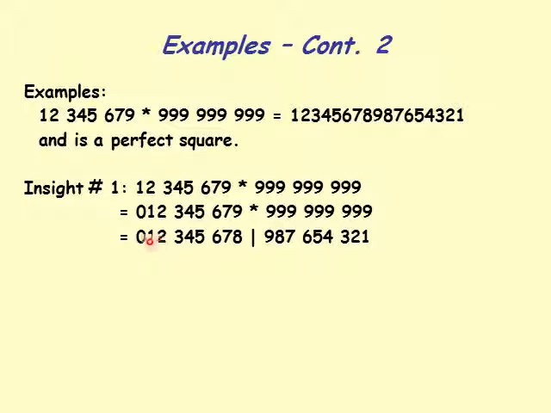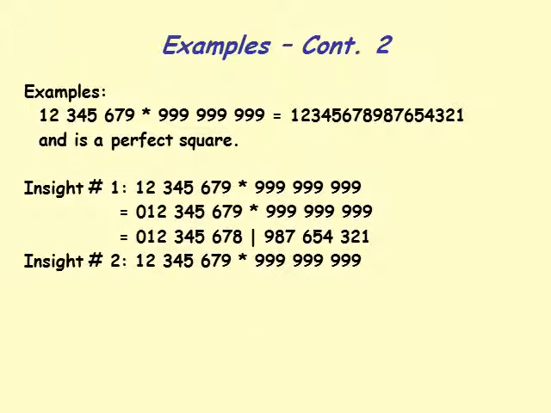So it is equal to 0, 1, 2, 3, 4, 5, 6, 7, 8, 9, 8, 7, 6, 5, 4, 3, 2, 1, that is 123,456,789,87,654,321, just like this one here. So we just computed that multiplication using the multiplication we just studied.